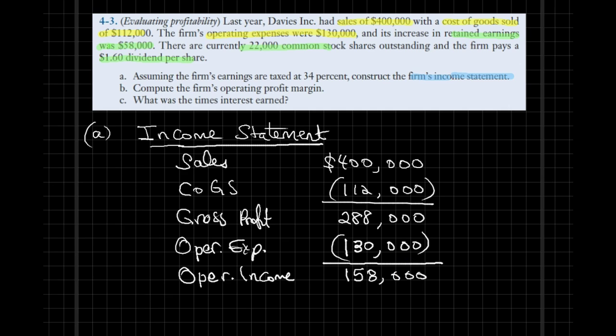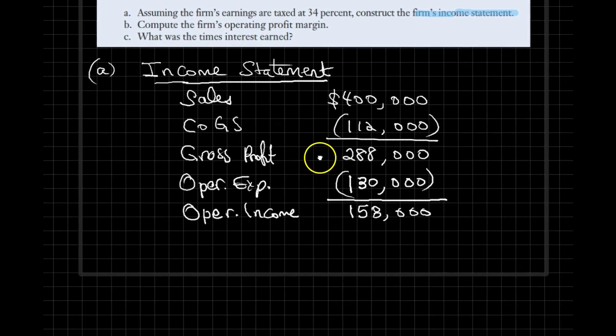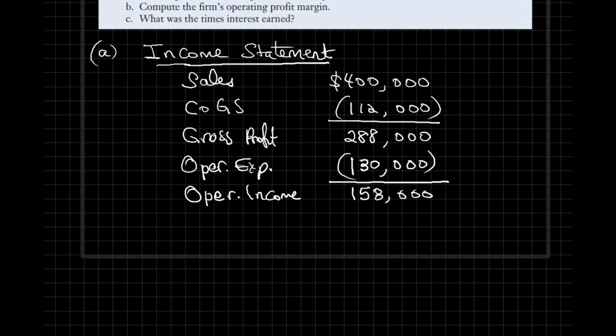Now though, we hit a barrier here because we do not know how to calculate our interest expense. Let me just write down what we're missing currently in the statement. So far what I'm missing is our interest expense, and once I have that number, I can subtract it from operating income to get earnings before taxes, and obviously I don't know that number either.